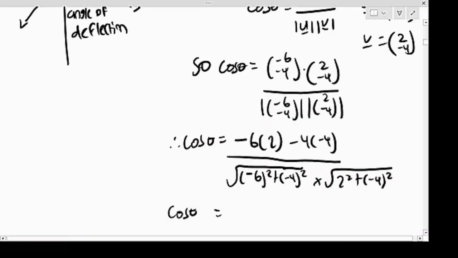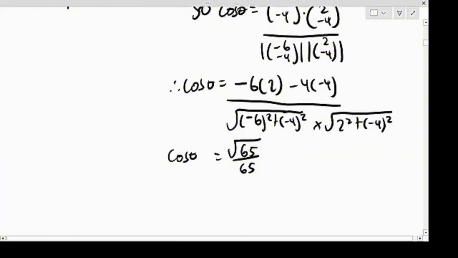You should get root 65 over 65. Okay. And therefore we're going to do inverse cos of that.